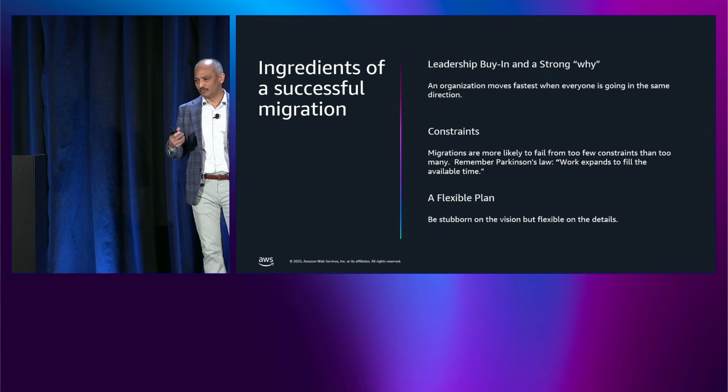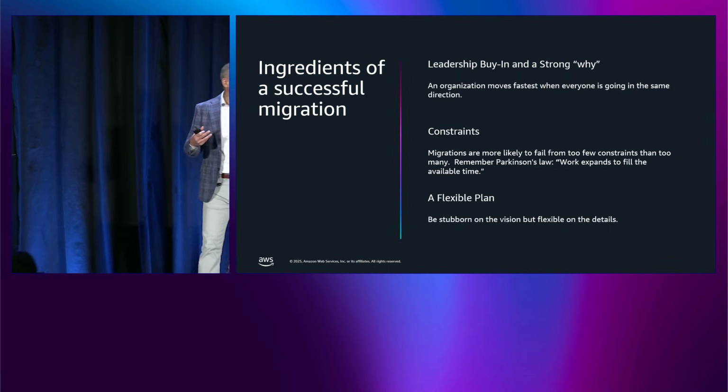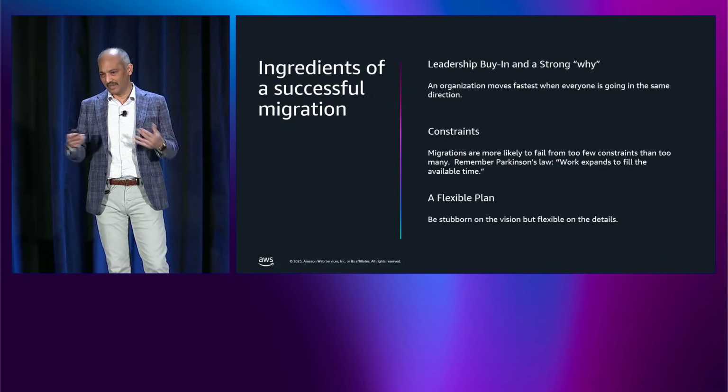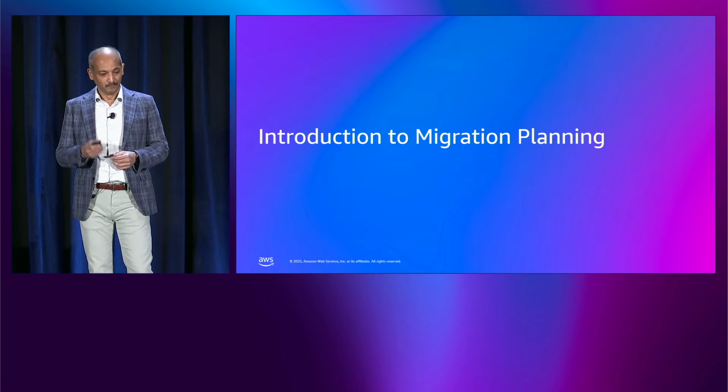And the good news is that with generative AI and agentic AI, these concepts of why you want to migrate, what the metrics are you want to target, and what your constraints are, they can be interpreted by the agent that we're going to talk about today, and incorporated into the migration plans that it proposes to you, and you can iterate on that plan as well. With that, I'm going to hand it over to Jonathan to talk about migration planning.